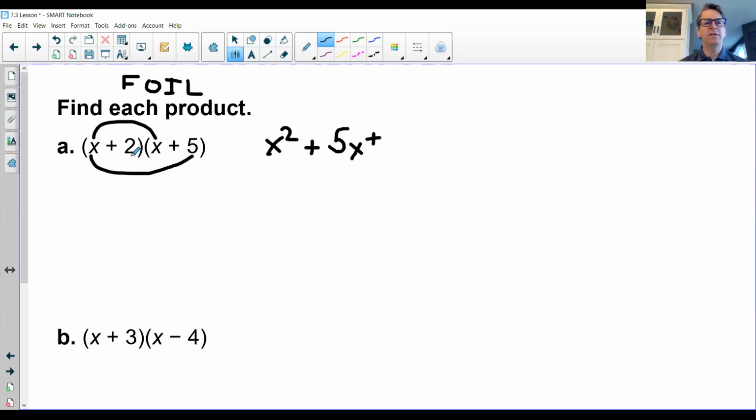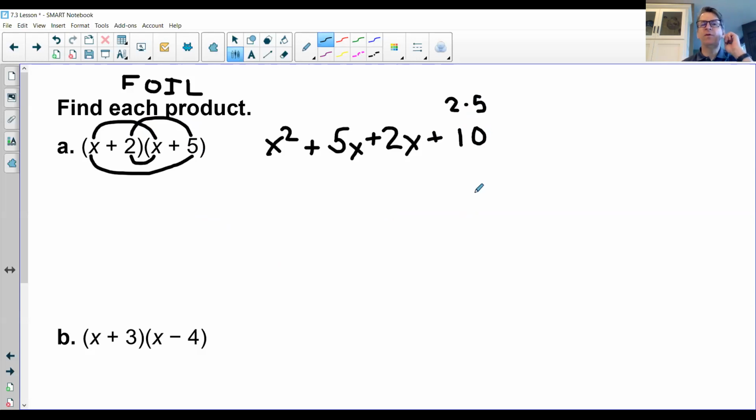You see this little inner piece, 2 and the x, 2x. And L is the last terms. The L would be the 2 and the 5, which would be 10. 2 times 5 gets you the 10.